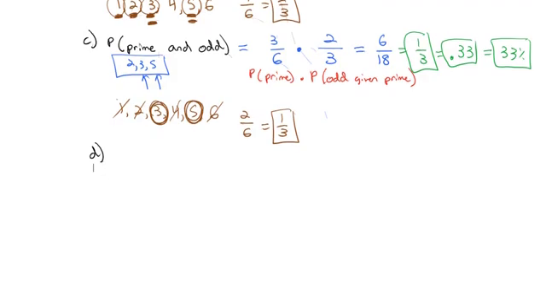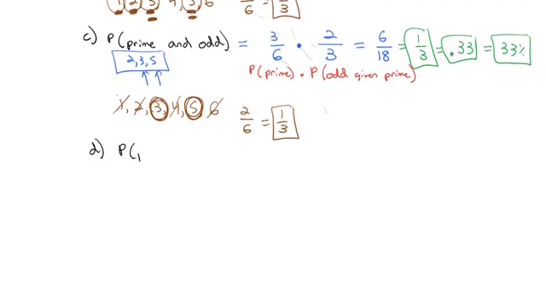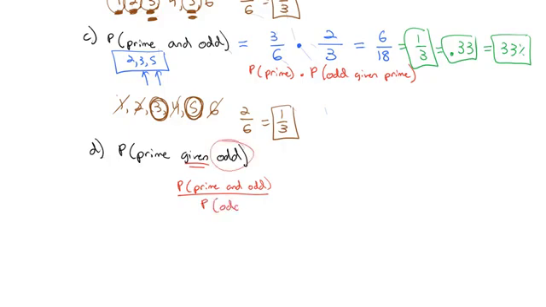Let's do one more. We haven't done the given, the probability of prime given odd. If we use the formula for a given, it says we take the probability of both prime and odd, and we divide by the probability of the second part, the probability of an odd.